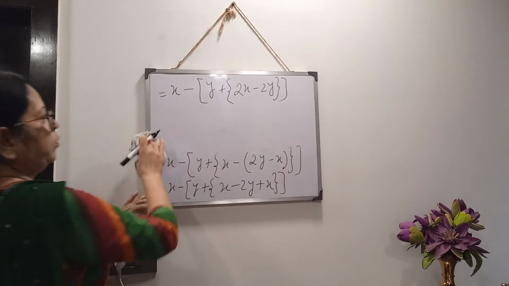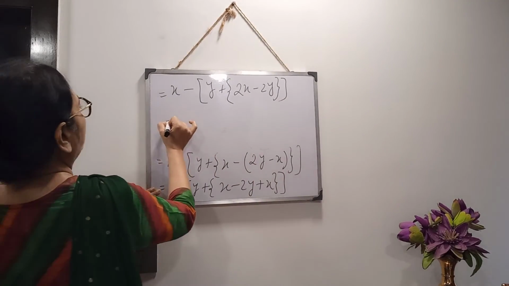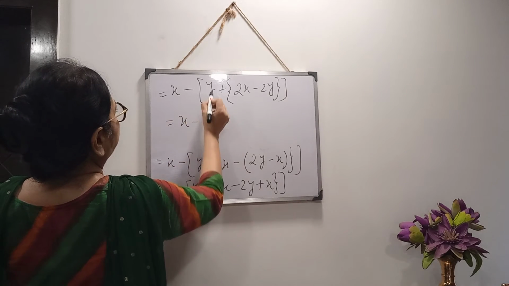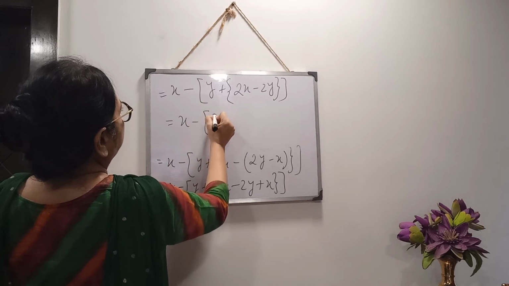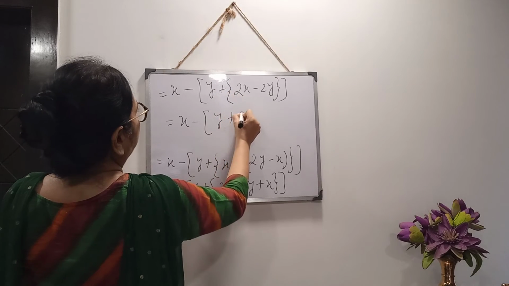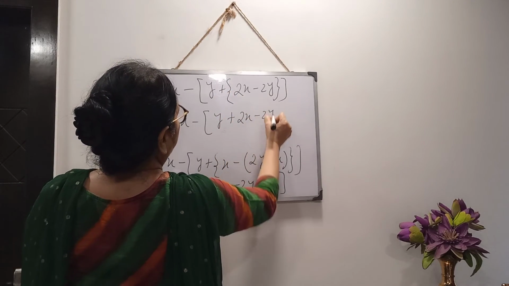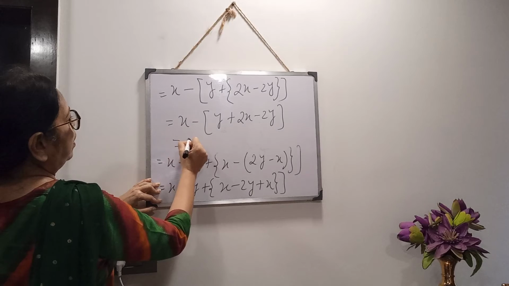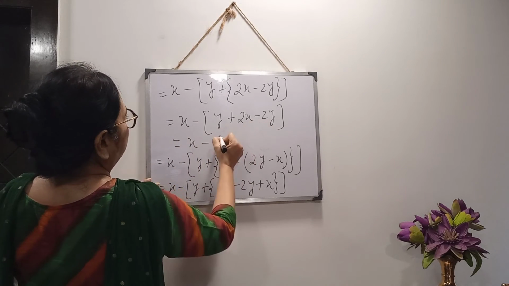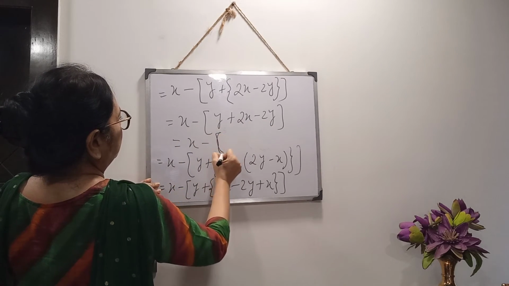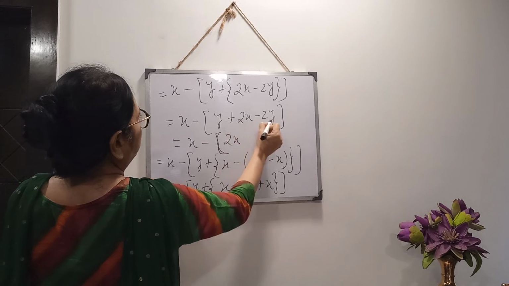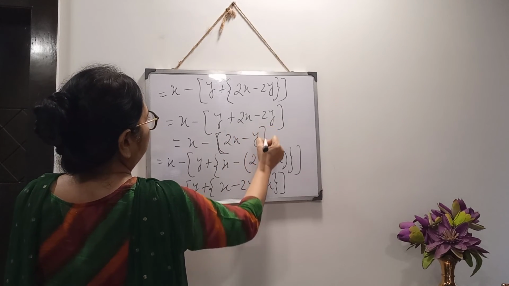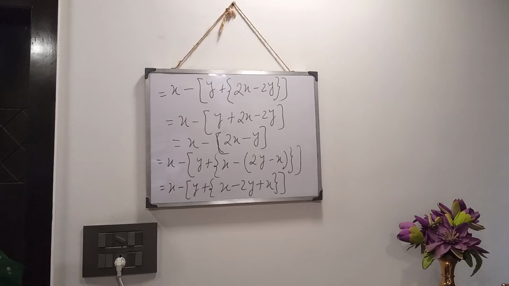Step by step we are doing. Already you know from your class 7 syllabus, that is y, there is plus, so no problem. Now x minus y, here you see 2x plus y minus 2y means minus y. Clear?